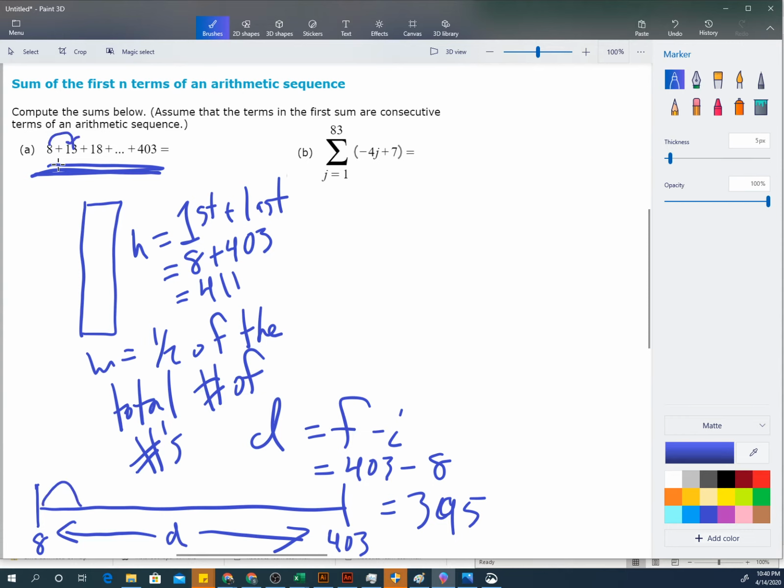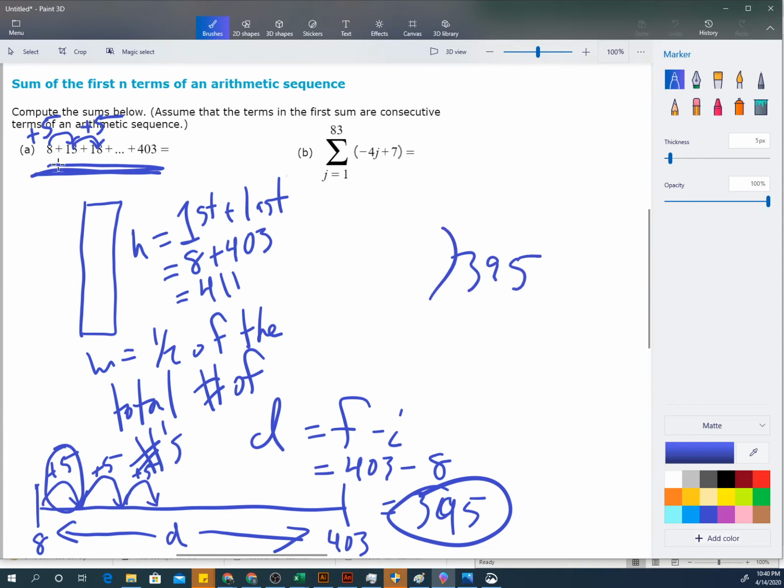We need to know how many changes we went through. So in our first change here, we added 5. And then in our second change, we added 5. And we can see that that's going to be our pattern, to keep adding 5 over and over again. If you take the number we found and divide it by the width of one change, then you're going to find out how many changes we went through.